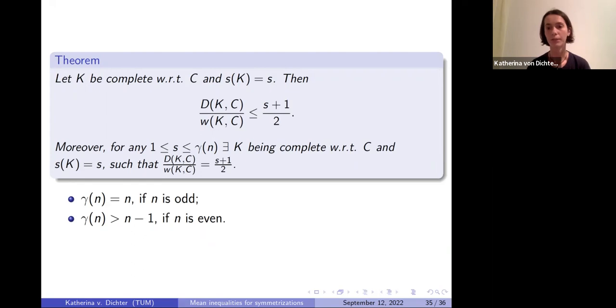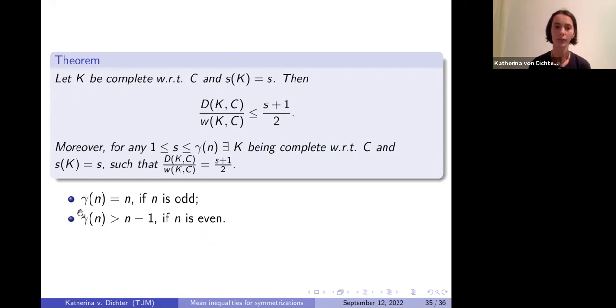So we have exactly the bound (n+1)/2 whenever s is equal to n, and this happened only for the simplex case. Moreover, we know that for any asymmetry from 1 to this gamma of n, which is the threshold of asymmetry, we can find the case of equality.